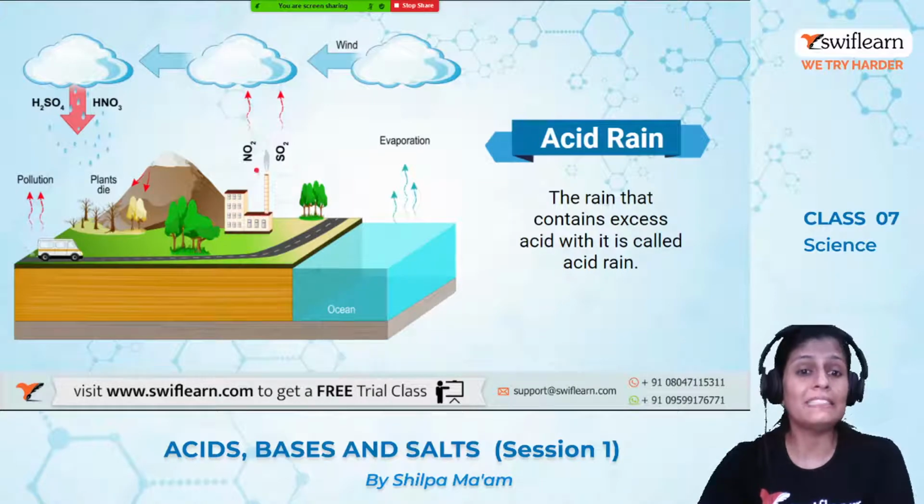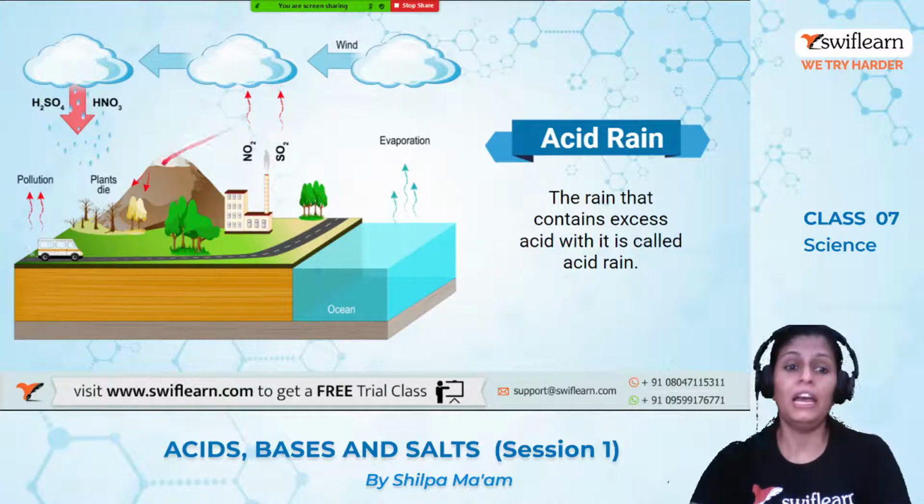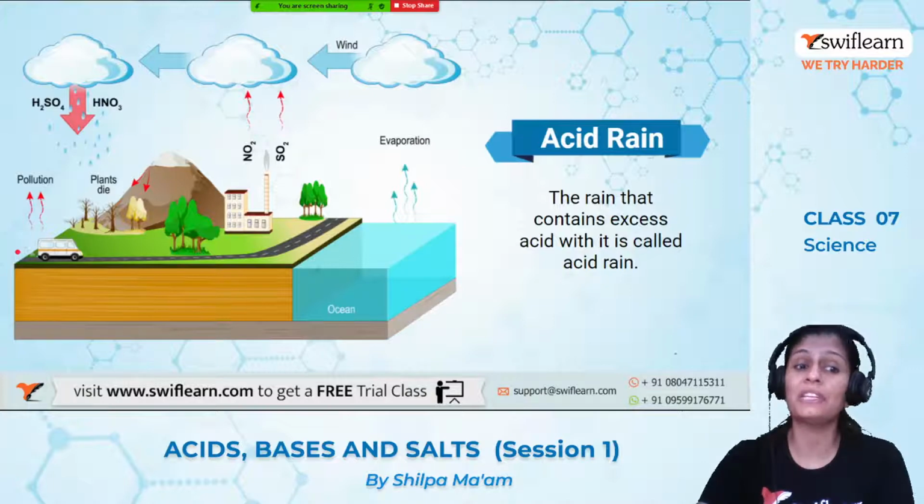From the factories, gases like nitrogen dioxide and sulfur dioxide are going up in the environment. Gases are lighter in weight, so they are getting up. And when there are so many vehicles, they are ejecting carbon dioxide from the emission.